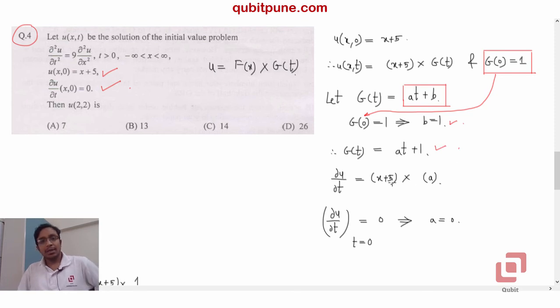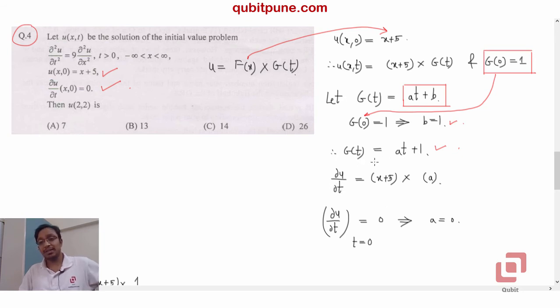Now from g of t, I can actually get an expression for partial u with respect to t, because x plus 5 will be there as it is, since f of x is actually x plus 5, into the partial derivative of g of t.